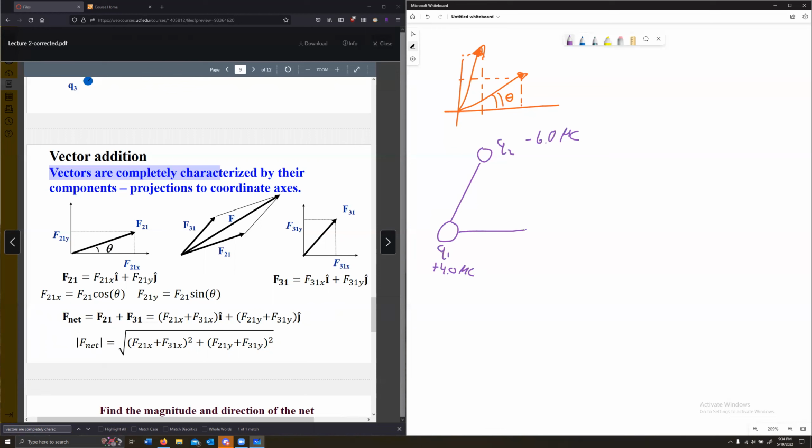And then this right here is Q3. That's a 3, okay, you guys can see that. Negative 5.0 microcoulombs. And this angle right here is 73 degrees.